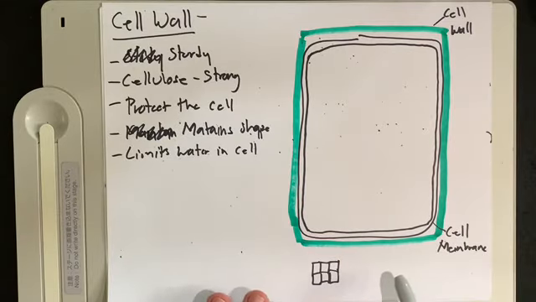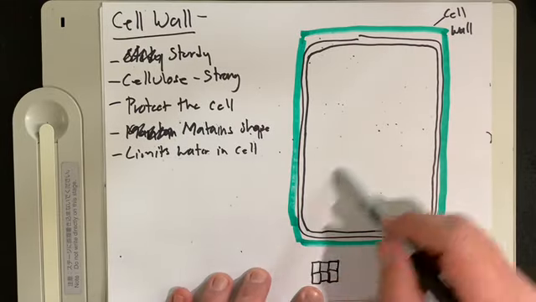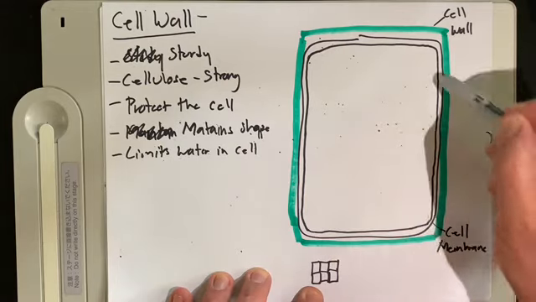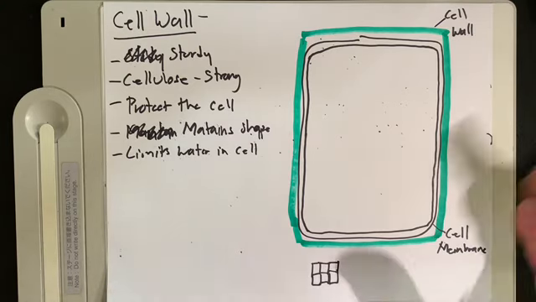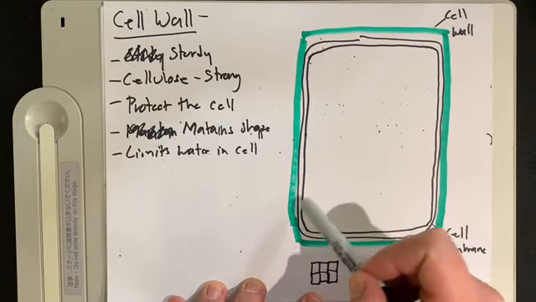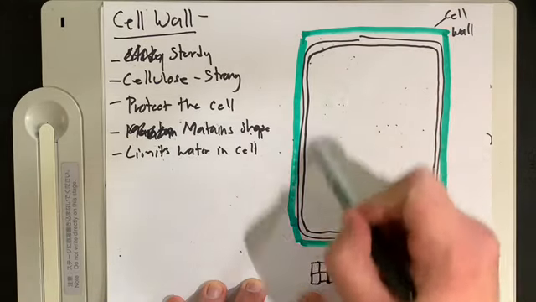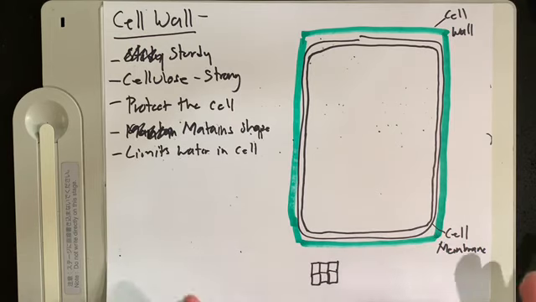And the reason for that is the water that is in these cells actually puts pressure on these walls and makes them nice and sturdy. So plants don't have skeletons, and so they rely on the water pressure pushing against the cell wall to get it nice and sturdy.